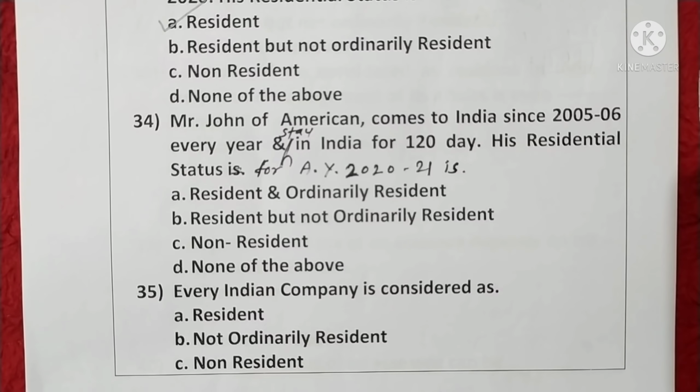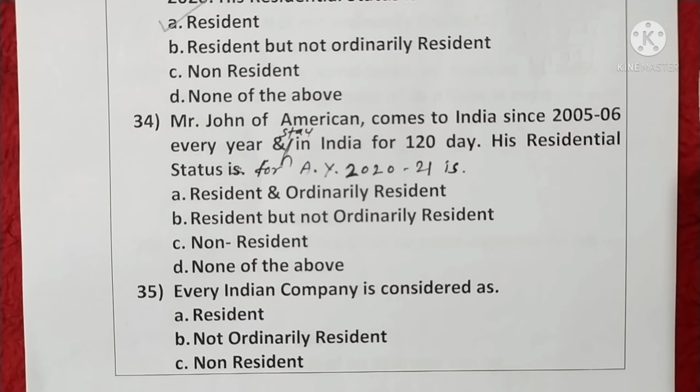Here Mr. John stayed in India 120 days in the previous year and also 480 days, that is 120 into 4, in the 4 years preceding the previous year. Thus he satisfied one of the basic conditions. He also satisfied both additional conditions as he is resident in India at least 2 out of 10 previous years and his stay in India is at least 730 days during the 7 years preceding the previous year.